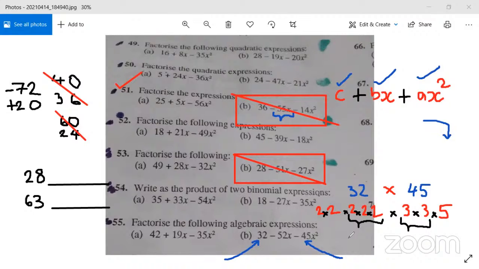So whether it was a positive 60 or a negative 60, you'd have gotten a positive or negative 36. And that is smaller than 52. So no, we don't want that. So with that in mind, we're going to replace the minus 52x with minus 72x and a plus 20x, right?